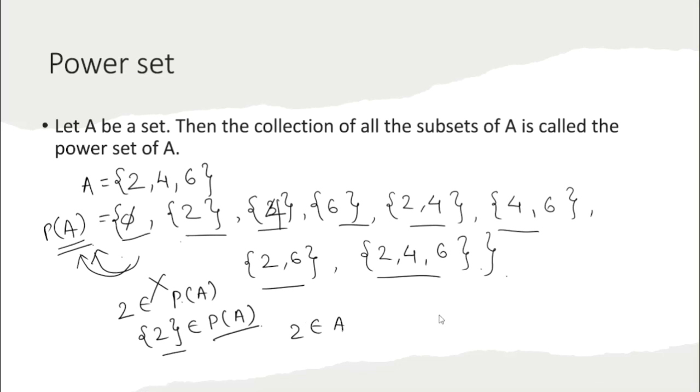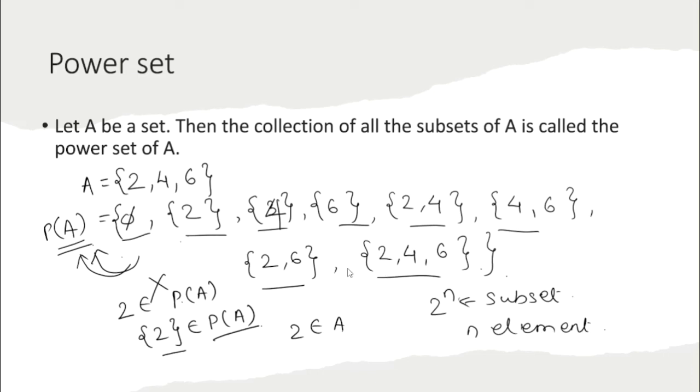So, we have learned that there are 2 to the power n number of subsets of a set which has n number of elements.